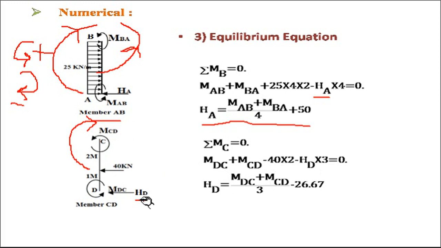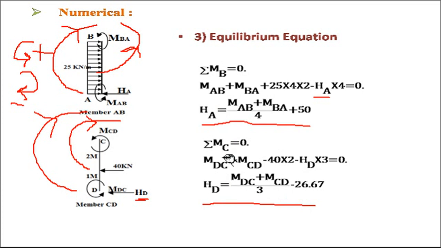The next force is HD, which is also acting in clockwise direction, so HD into the length, that is 3, with sign minus. If you solve this, HD equals (MDC plus MCD) divided by 3, minus 26.67. So here we have found the value of HA and HD.